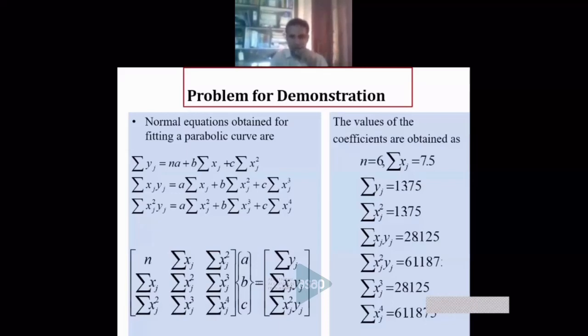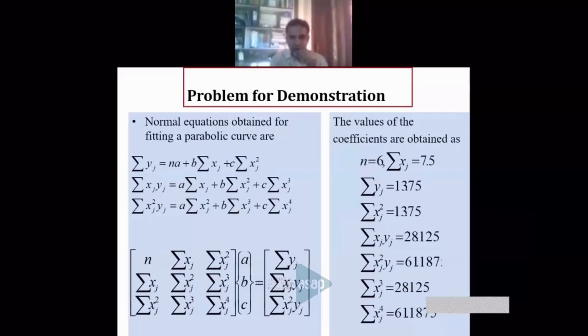Look at equation 3: sigma xj squared yj equals A into sigma xj squared plus B into sigma xj cube plus C into sigma xj raised to 4. So we are trying to formulate these equations into a matrix form to enable us to apply Gauss elimination, which we learned earlier, because we need to estimate these values A, B, and C.